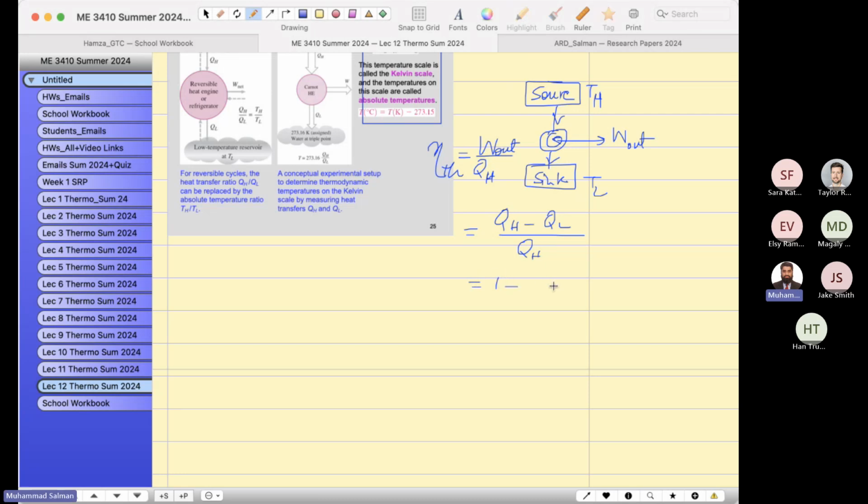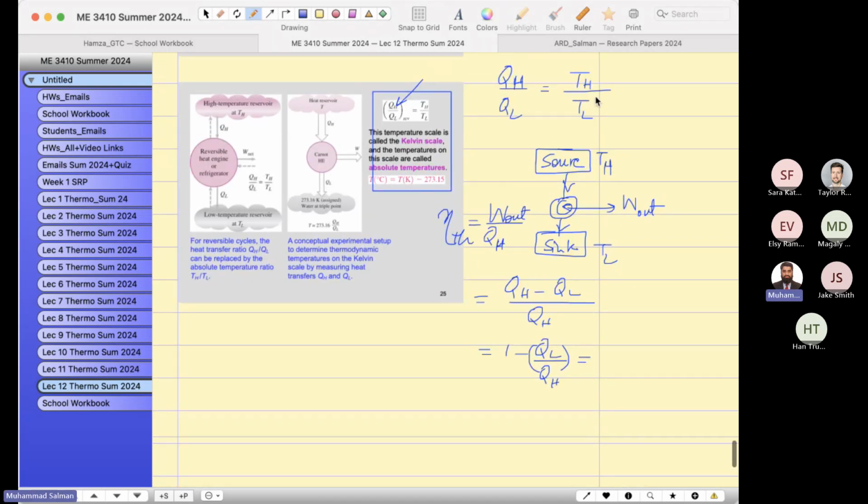Or I can replace this ratio by the temperature scale like this, because this is a perfectly reversible heat engine. That's why I can do that.